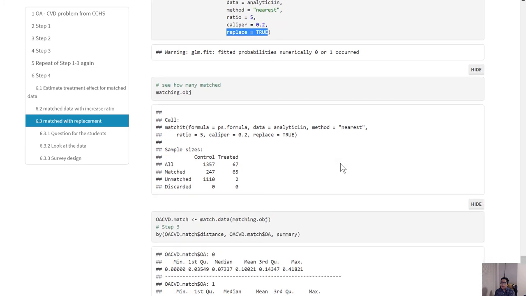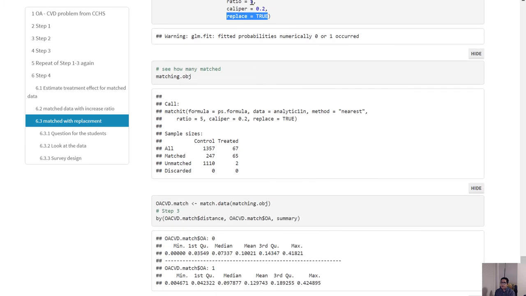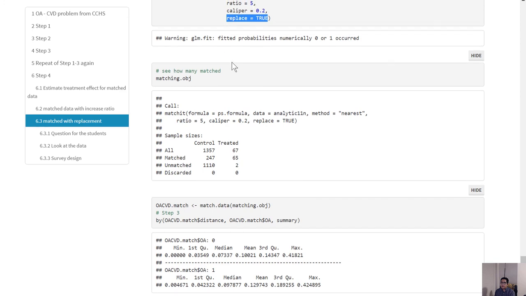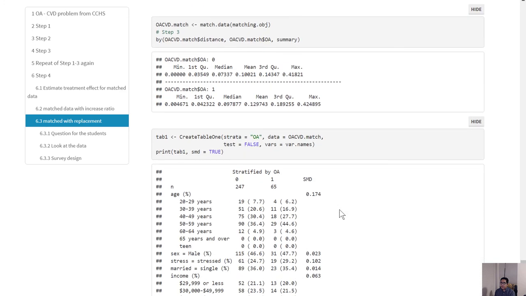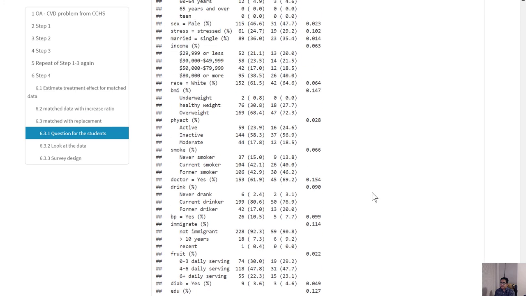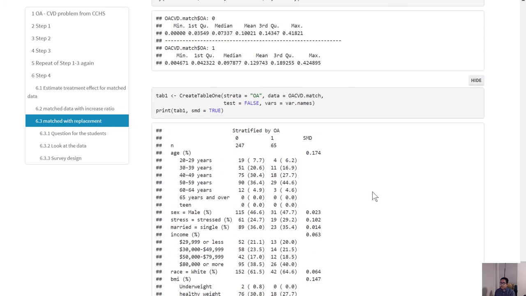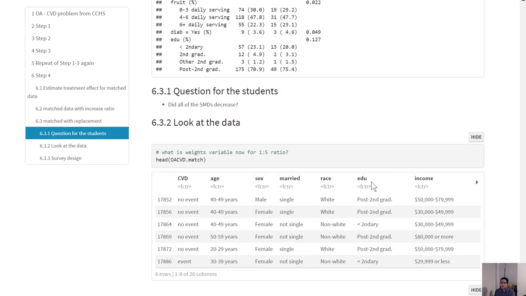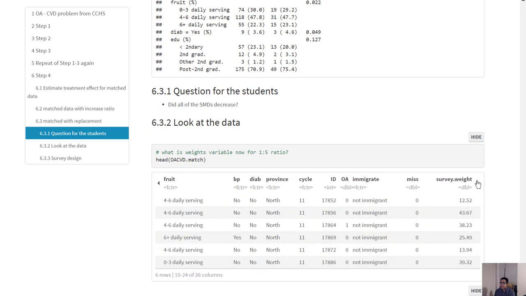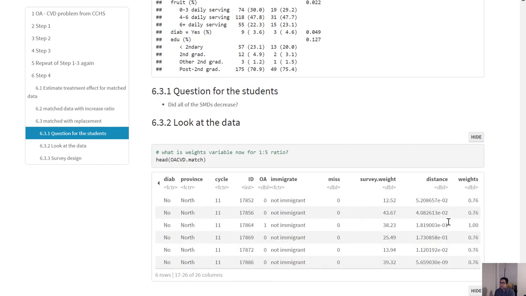But the problem here is that as soon as you use more ratio and as soon as you use with replacement, you will see that the weights variable, the matching weights variable, will be different than 1. That means what? That means that you say, for example, in here, so these are the survey weights and these are the matching weights, and you can see the matching weights are not always 1. That means you need to take this matching weight into consideration, right?